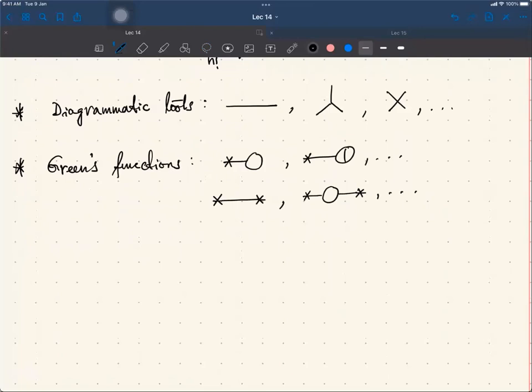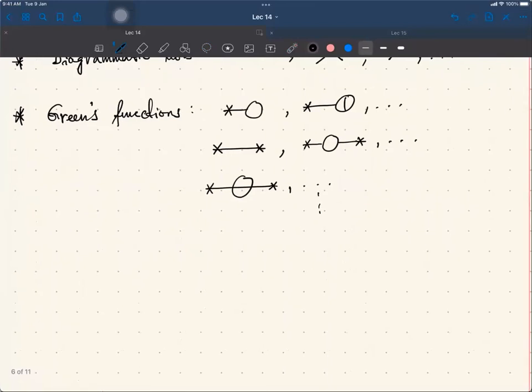For example, this is a phi cube diagram that I just drew here. If you have a phi 4 theory, then there's a diagram at loop level like this. And there are infinite such quantities. Each one of them is represented by a sum of an infinite number of such diagrams. That is basically the perturbative evolution of the QFT.